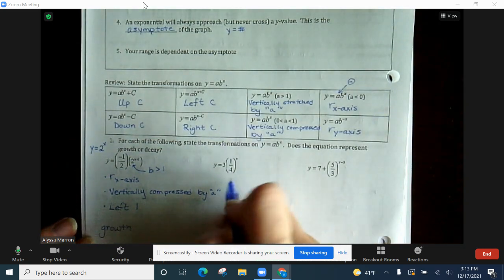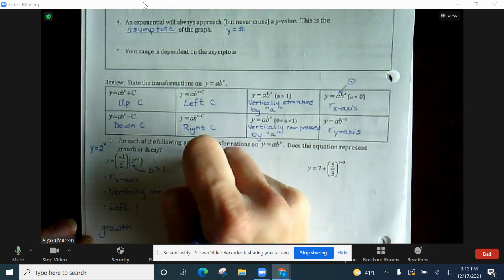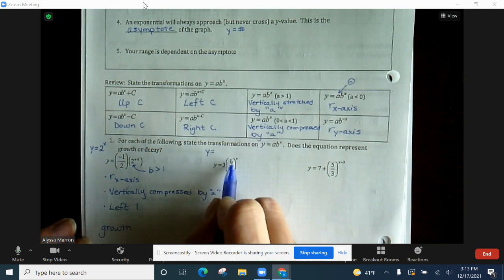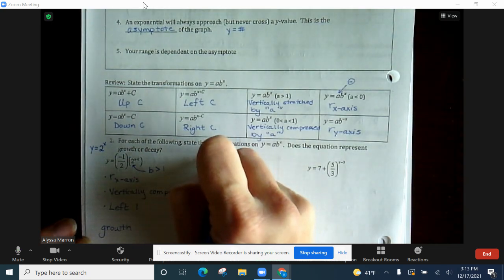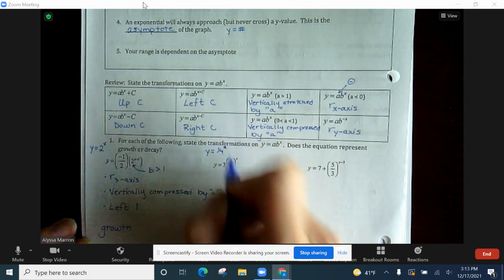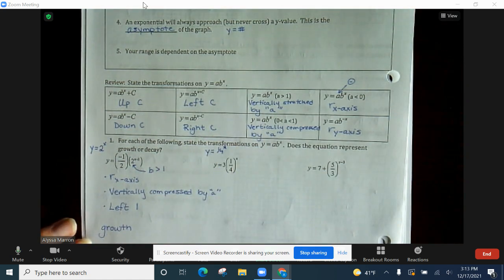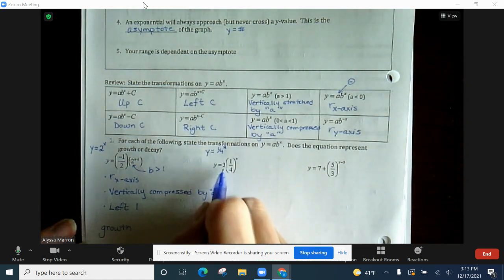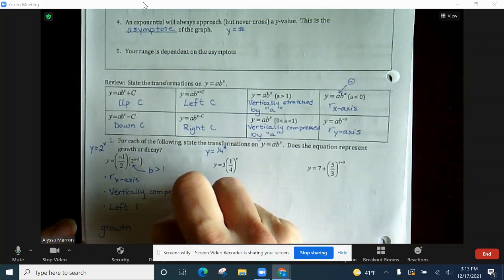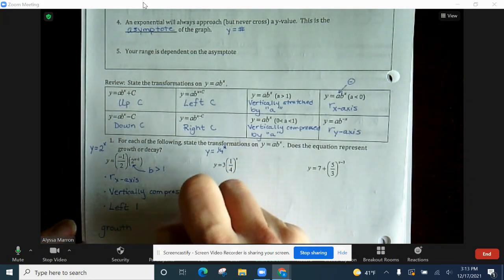But first, looking at the parent function, to see the parent function, just look at the base. What are we raising something to? We have 1/4 raised to the x. That's just our original function that is being transformed. That 3 out front, that's our vertical stretch. That's the only thing happening to this basic function.